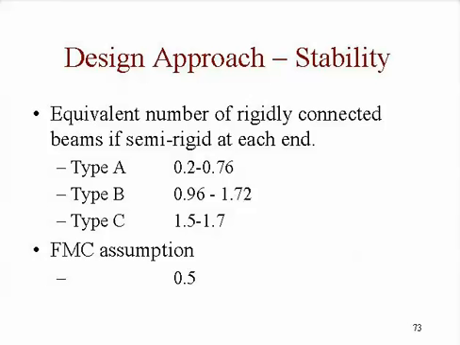The flexible moment connection approach, where we use one beam on one side at a length twice what it really is, is essentially 0.5.